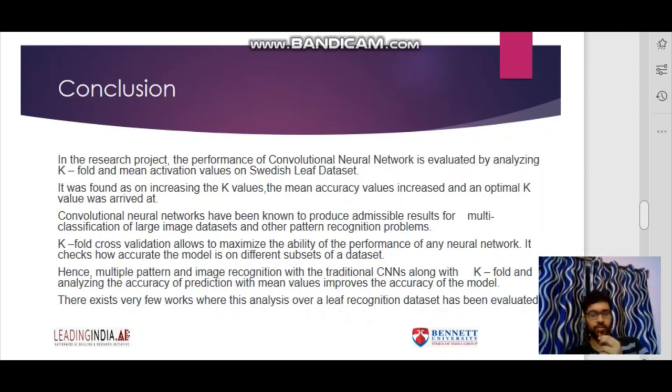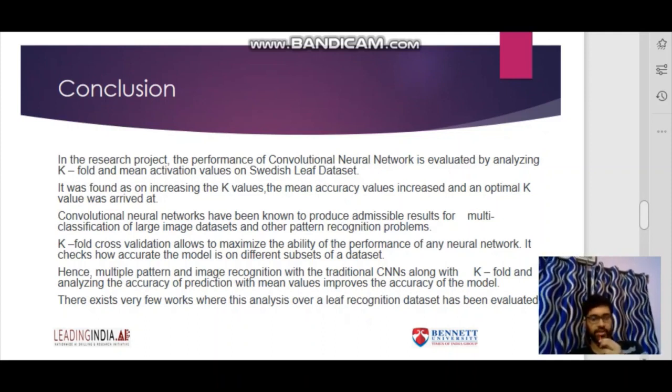In this research project, the performance of the convolutional neural network is evaluated by analyzing the K-fold and mean accuracy values on the Swedish leaf dataset. It was found that on increasing the K values, the mean accuracy values increased and an optimal K value was arrived at.